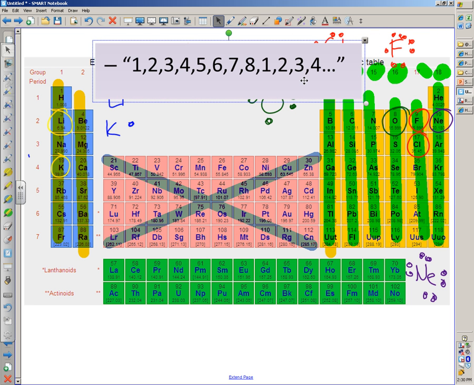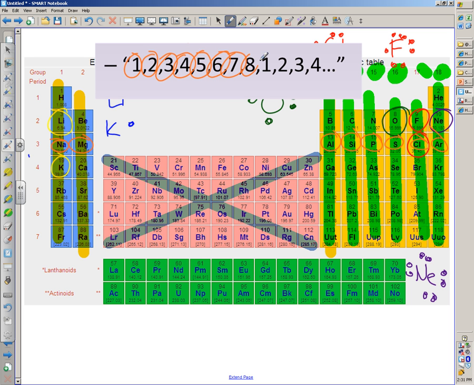All right, so sodium, 1 valence electron. Magnesium, 2 valence electrons. Aluminum, 3. Silicon, 4. Phosphorus, 5. Sulfur, 6. Chlorine, 7. Argon, 8. That makes sense, right? Those are the number of valence electrons.